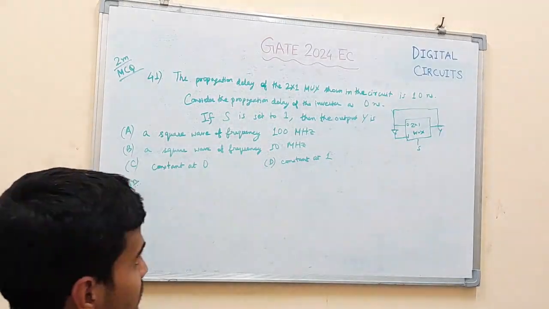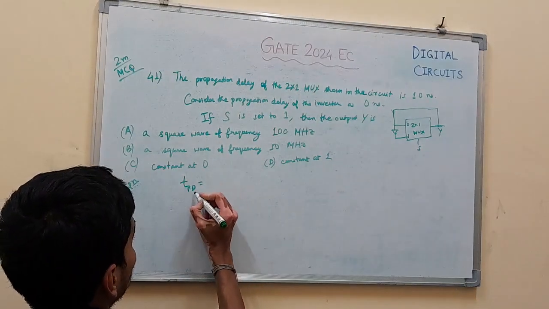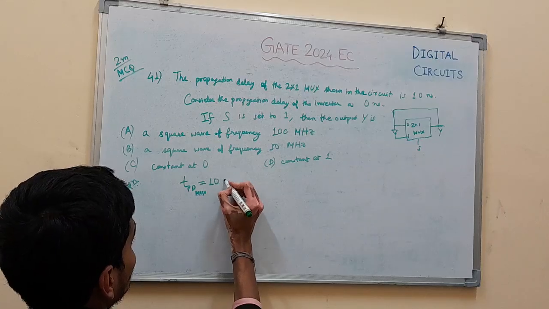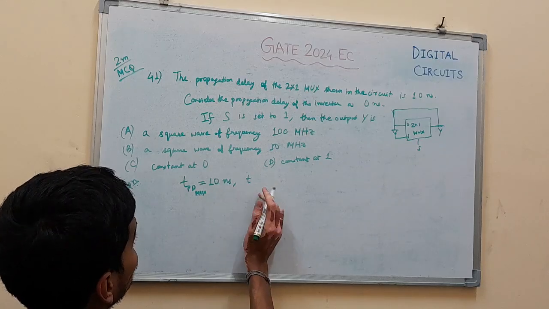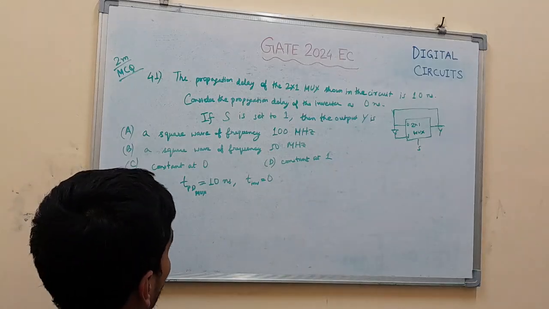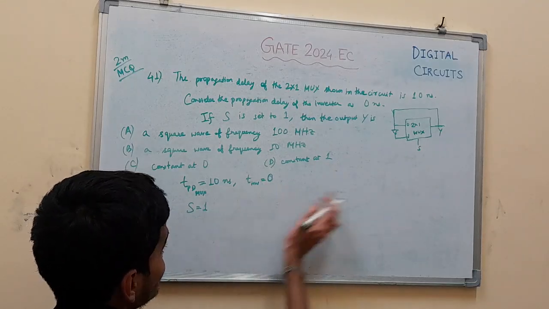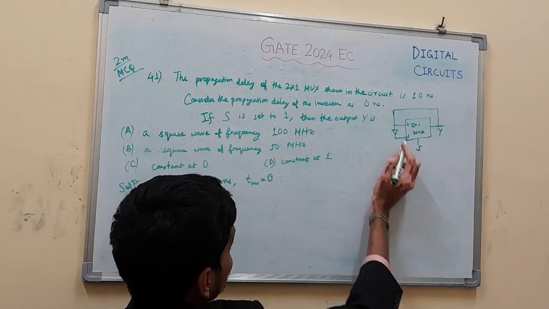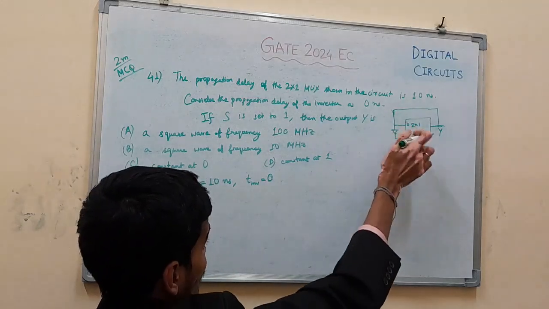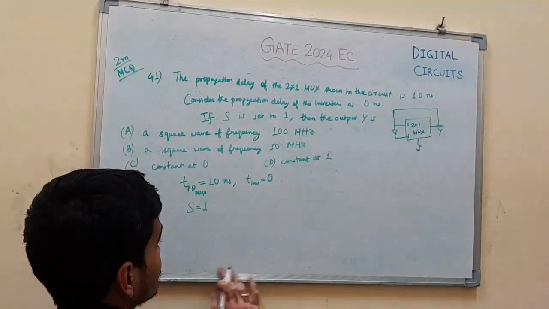Here the propagation delay of the mux is given as 10 nanoseconds, while the propagation delay of the inverter is 0. When S is set to 1, the line selected is Y bar, so Y will toggle.